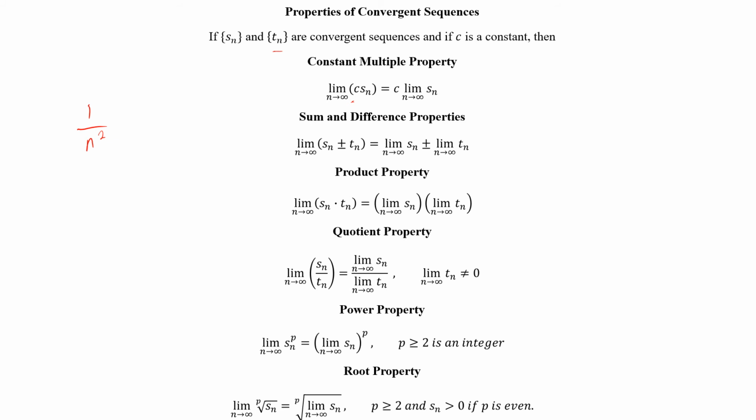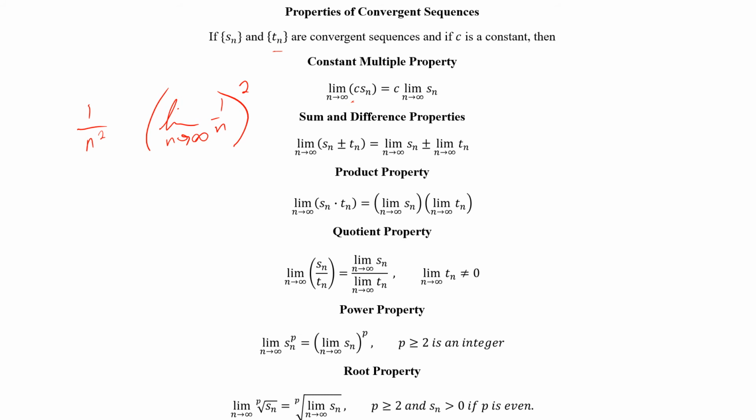Well, that would be the same thing as the limit as n goes to infinity of 1 over n and squaring that limit. That's what the power property says. So if we know the limit of 1 over n is 0, then if we square it, that's still 0.